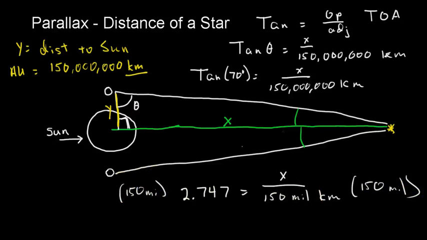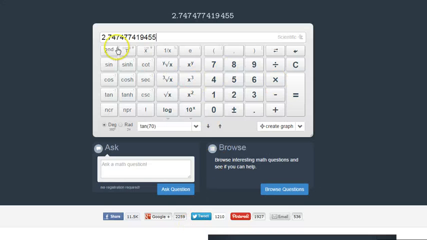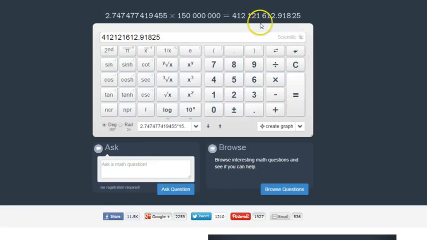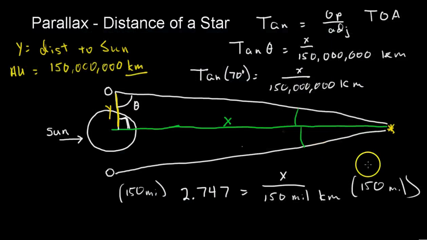Okay, let's get the calculator back out. So we're going to multiply this number times 150, and then 6 zeros, 1, 2, 3, 4, 5, 6, and we end up with this number here, 412 million. Okay, 412 million kilometers.